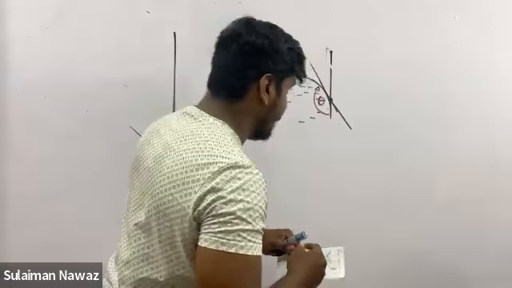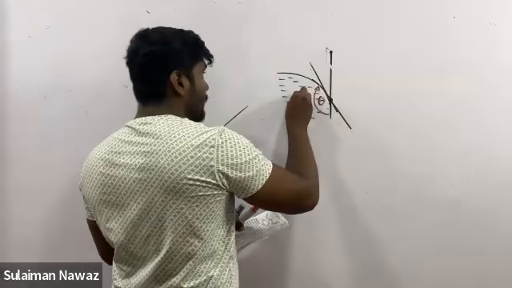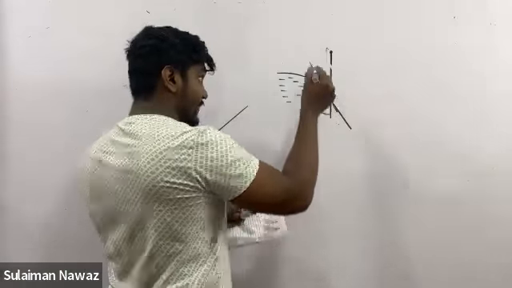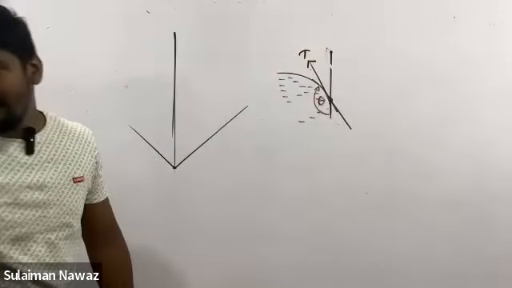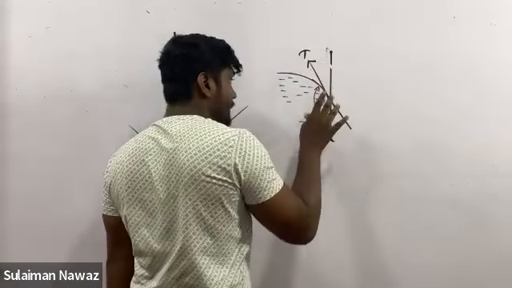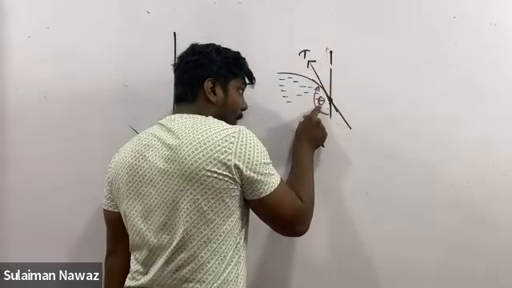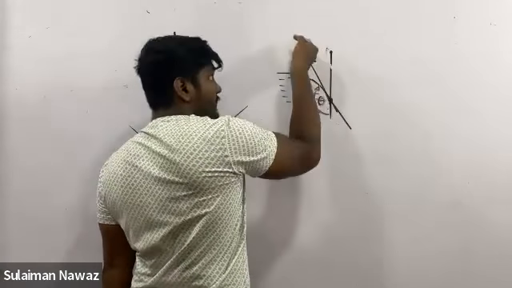What is the direction of surface tension acting on the solid? The direction of surface tension acting on the solid is upwards, capital T. This is the important thing that you want to understand: if the angle of contact is obtuse, the direction of surface tension acting on the solid will be like this.